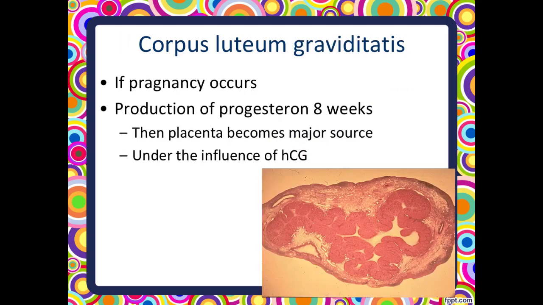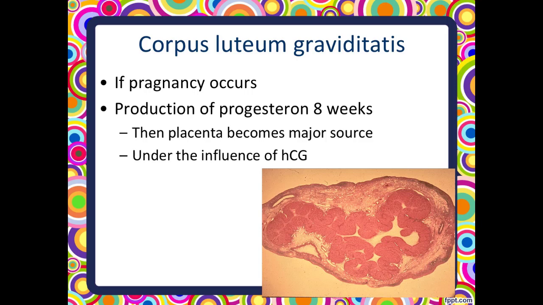On the other hand, in the case of fertilization, there will develop the corpus luteum graviditatis, which grows and produces the progesterone, which is necessary to hold the pregnancy and development of embryo.